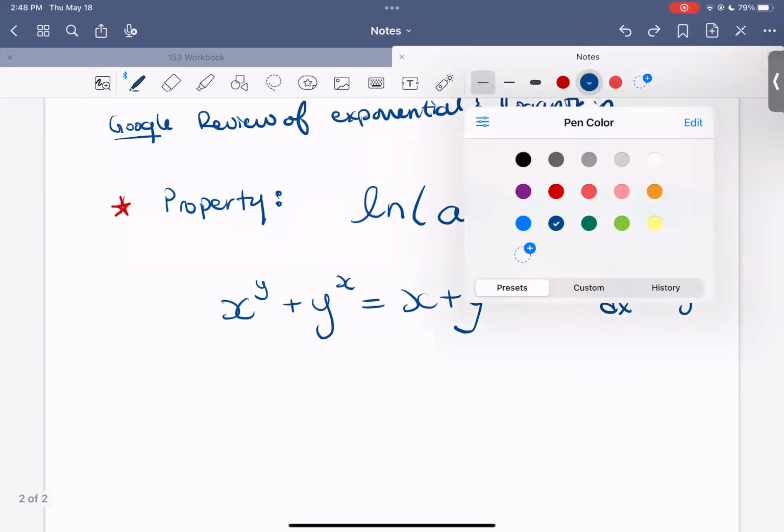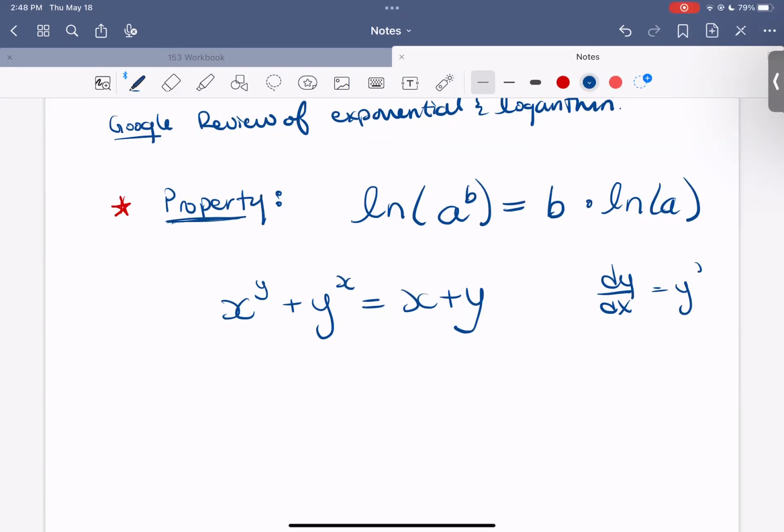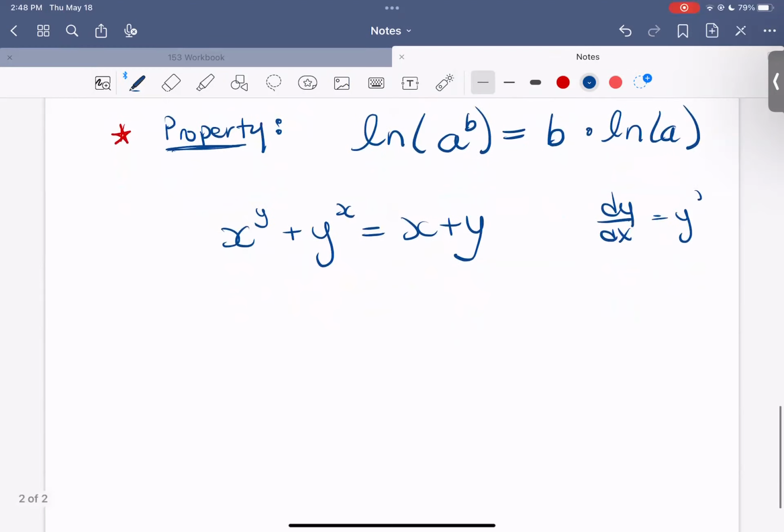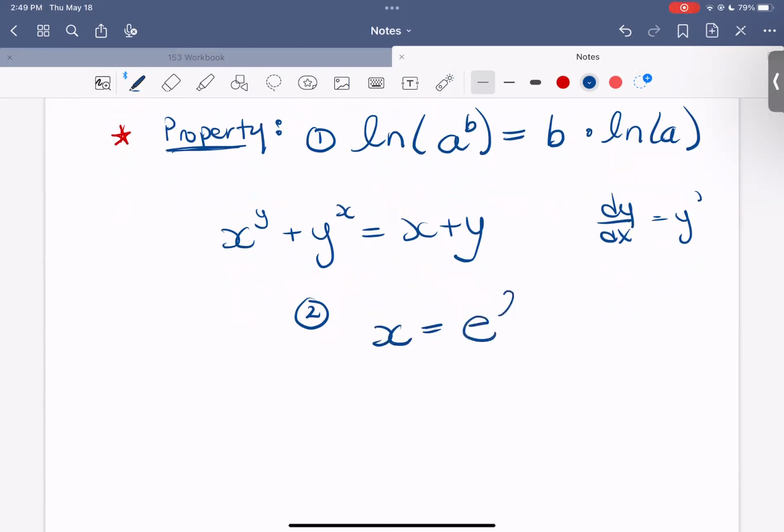So that leads us to another property of logarithms and exponential functions. We'll call this property 1, property 2. So that is, if we have a base like x, that's equivalent to e to the ln of x. Okay, so let's go ahead and see why that is the case.